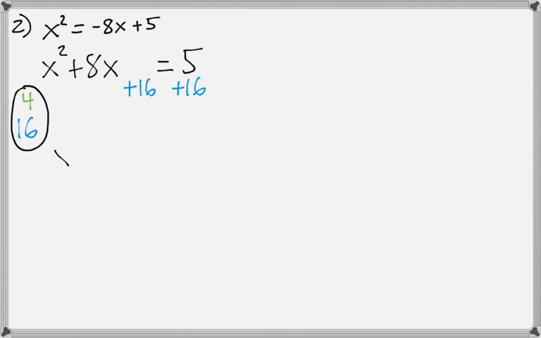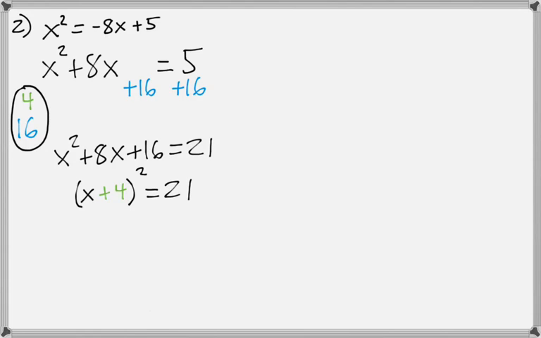and this will be x squared plus 8x plus 16 is equal to 21. Now the left-hand side turns into x, and then this is where I see that first number, that 4. It'll be x plus 4 squared is equal to 21.